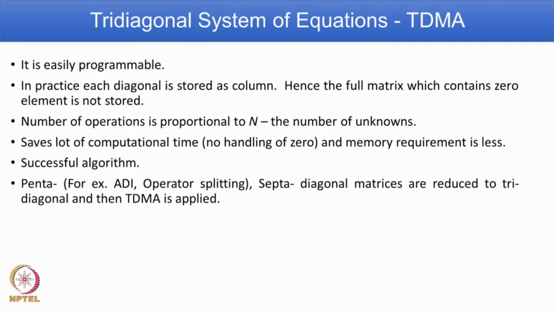There are cases where you end up getting a pentadiagonal matrix, for example, we learned before what is known as the alternating direction implicit method. Alternating direction implicit was a reduced form of the pentadiagonal matrix solution procedure, where the original pentadiagonal matrix is reduced into two tridiagonal matrices by having a method that is explicit in the x direction and implicit in the y direction, and the next stage implicit in the x direction and explicit in the y direction.